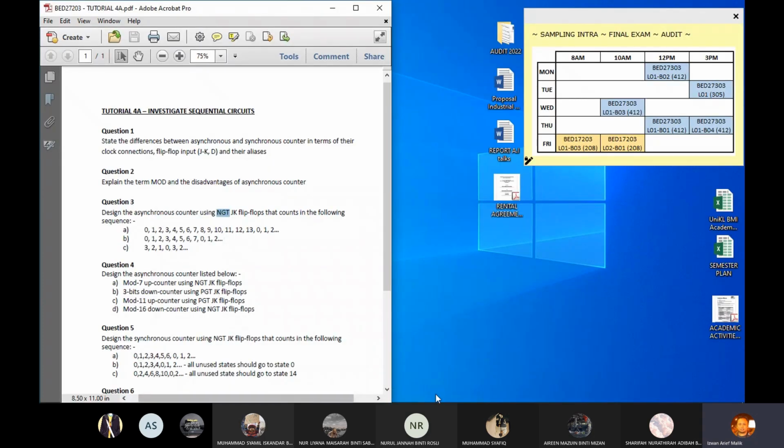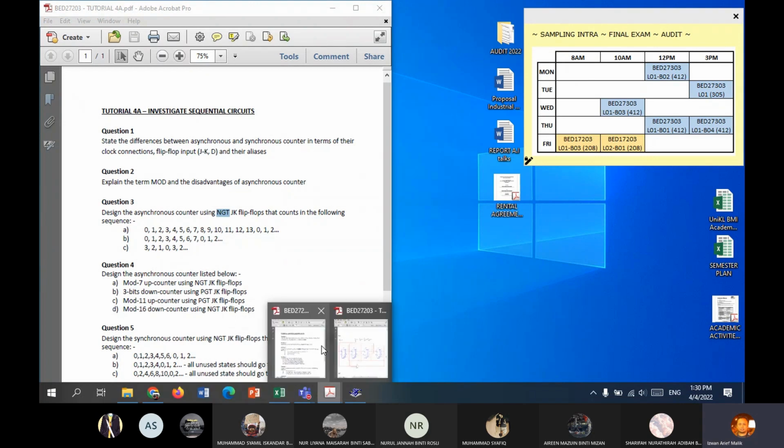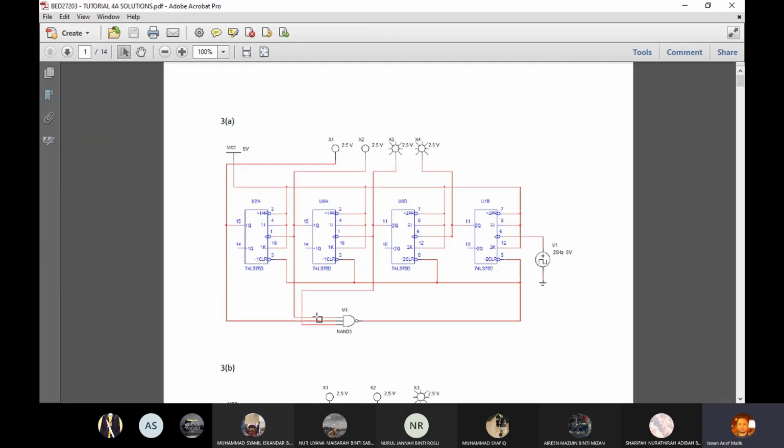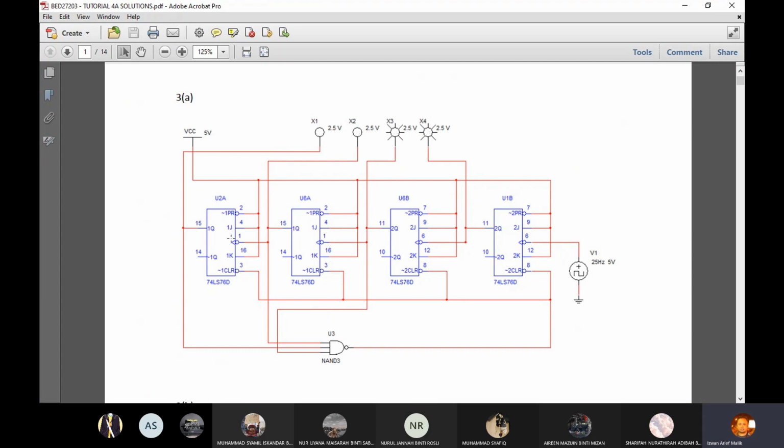Okay, so if you look at my solution, this is D, okay, this is A, the LSB connected to the external clock source, up counter daripada Q pergi ke next clock, Q to the next clock, Q to the next clock.